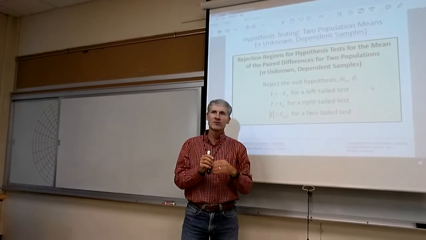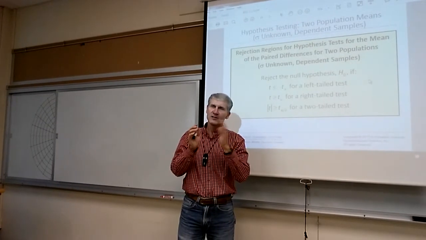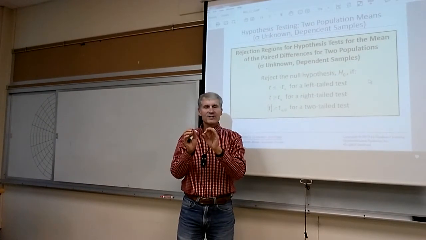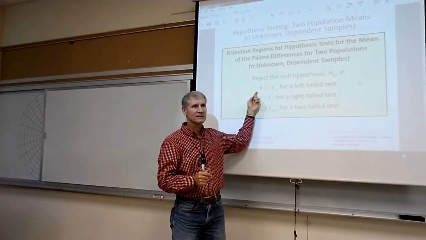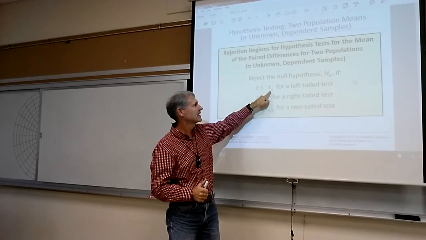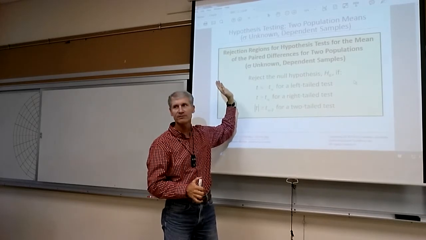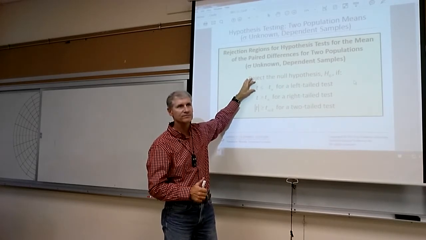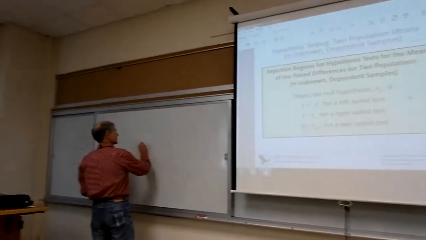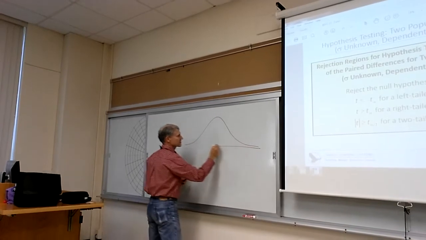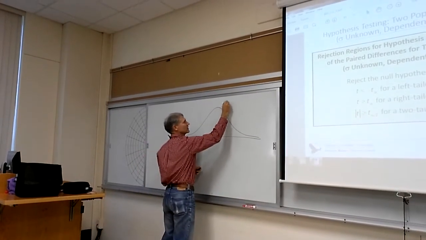The t-critical value is the cutoff for how extreme your t is. If your t gets less than or equal to negative t-critical, then you reject the null. That's called your rejection region. So let's draw a picture of it. Here's a t distribution with n minus 1 degrees of freedom.